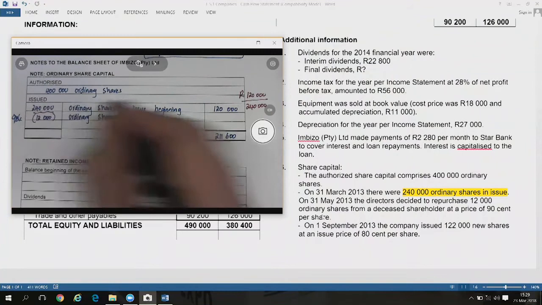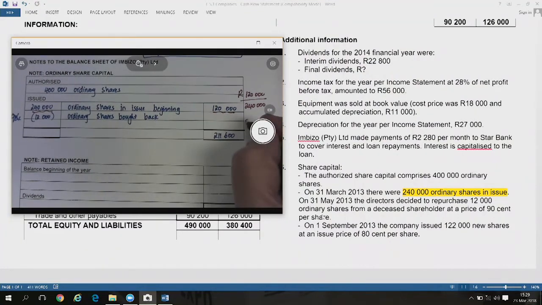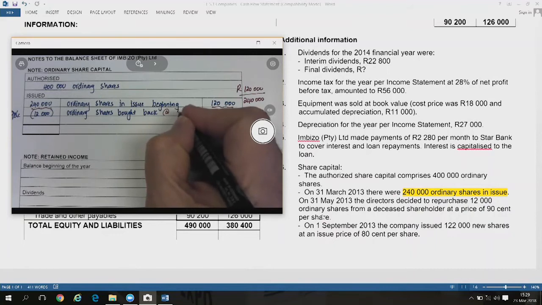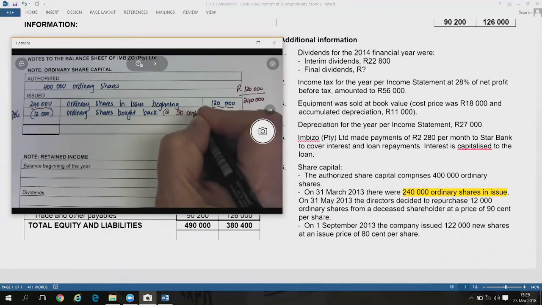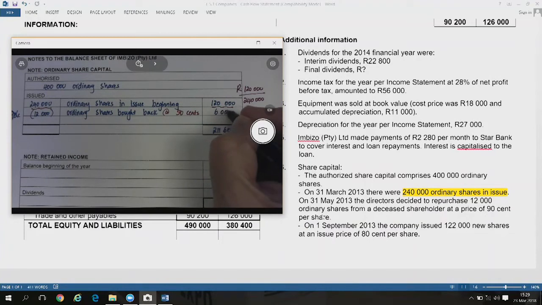Only that one there and that one there. You haven't got anything extra, and that gives you 0.50. That gives you 50 cents. So the 12,000 will be at 50 cents per share, and that gives you 6,000 Rand in brackets.